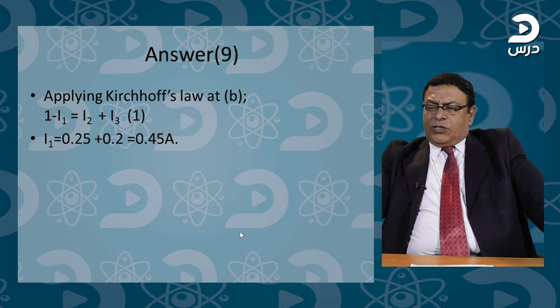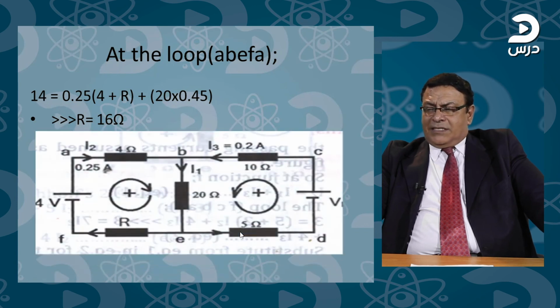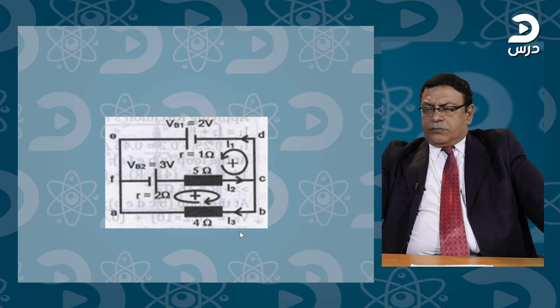So I1 equals 0.25 plus 0.2 equal 0.45 ampere. And at the loop A, B, E, F, A, 14 equal 0.25 multiply 4 plus R plus 20 multiply 0.45, so R equal 16 ohm.